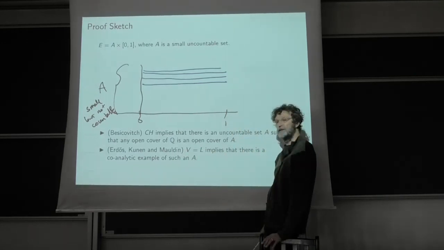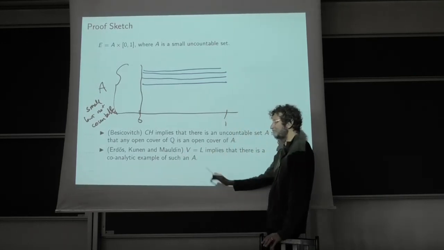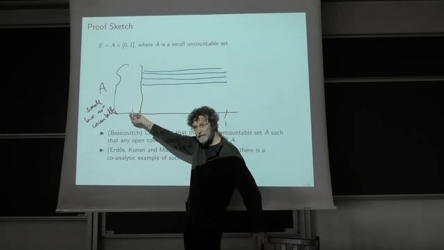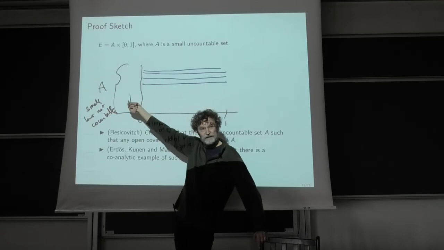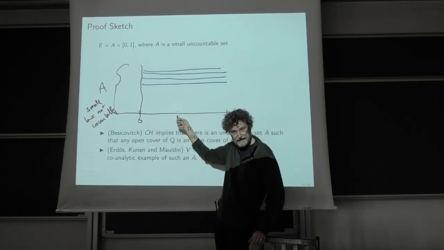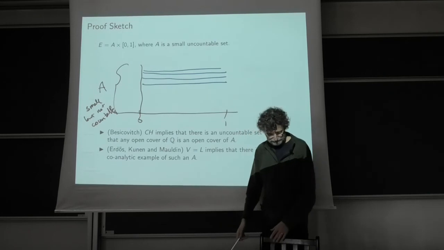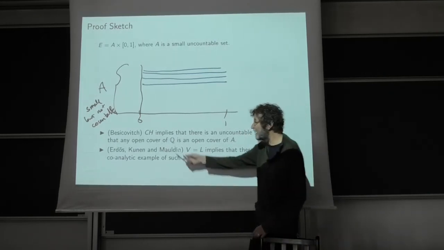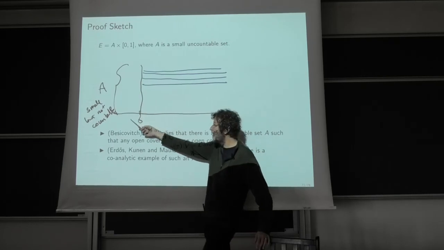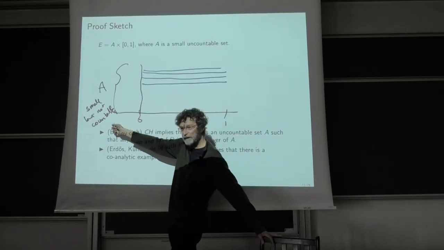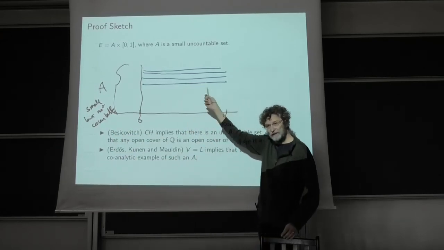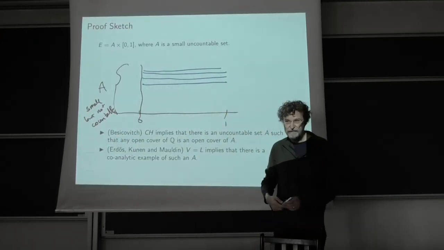Any open cover of Q is an open cover of A. A set like that would work. If I just put any set here that has strong measure zero, you can analyze that set and show that it has the right property. So if I have an uncountable set of strong measure zero, it fits perfectly as a set that's small but not countable. And this set has strong linear dimension, and it is not sigma finite for that dimension.